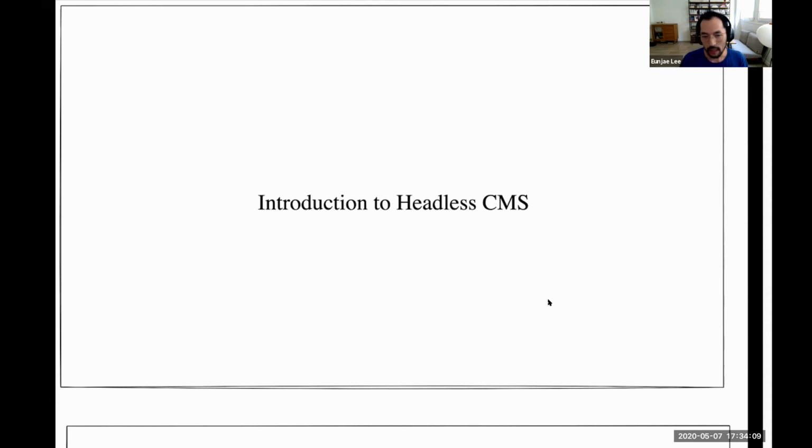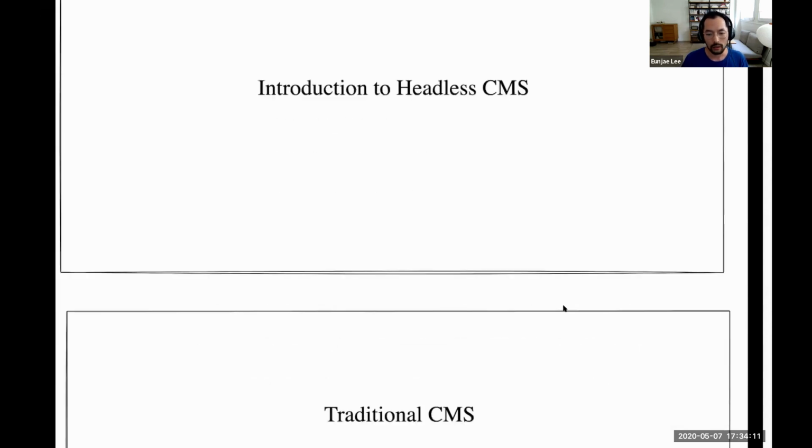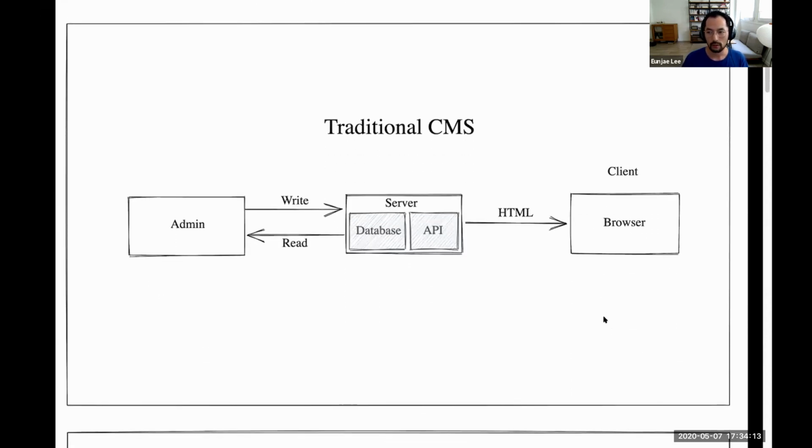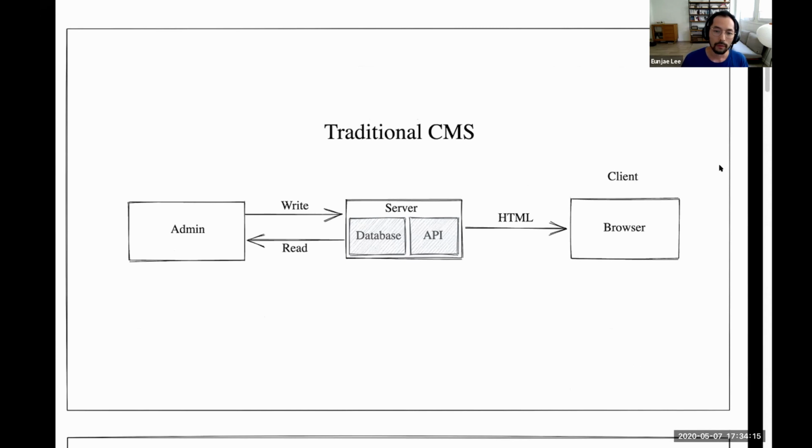So let's talk about traditional CMS service first. Traditional CMS like WordPress and services like that. So we have an admin website, like wordpress.com, and we write some articles and it talks to the server, like a WordPress server.